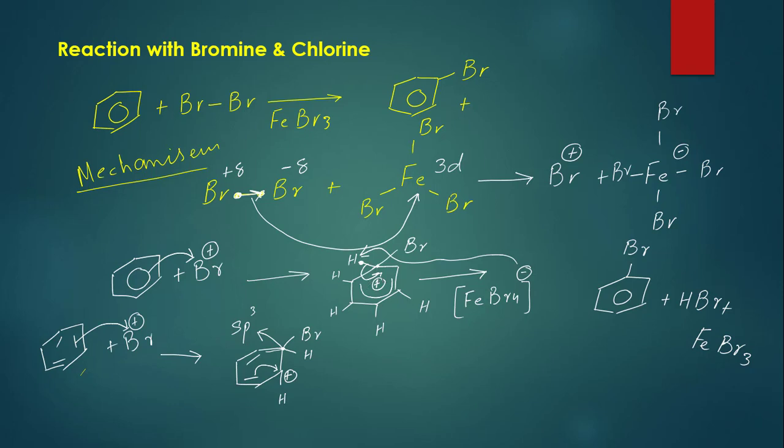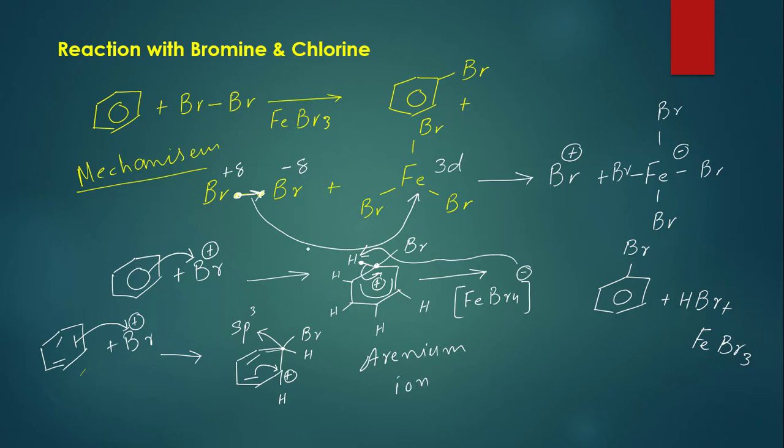At this point this carbon has sp3 hybridization, because it's making 4 bonds, 1, 2, 3 and 4. So this ion is known as the arenium ion.